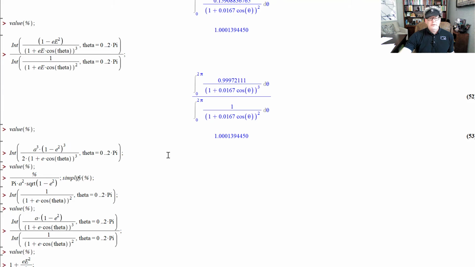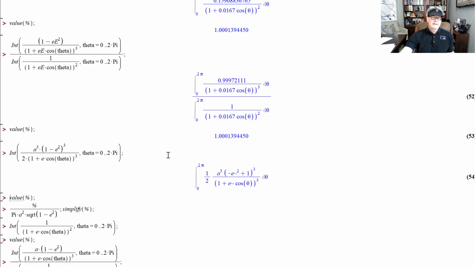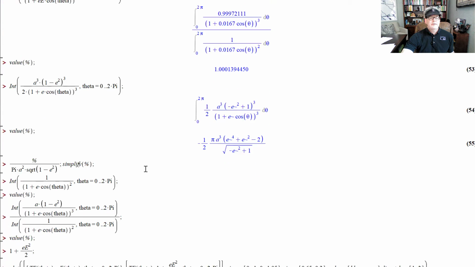So here's the general result. It's a little complicated, but if I integrate, this would just be the numerator like the above, 1/2 r cubed. So it is doable.